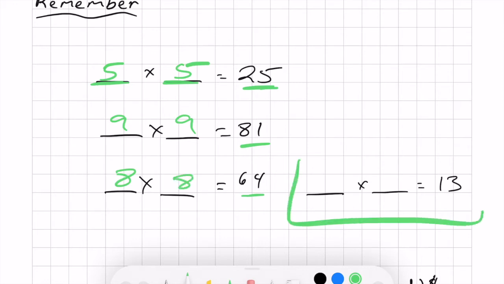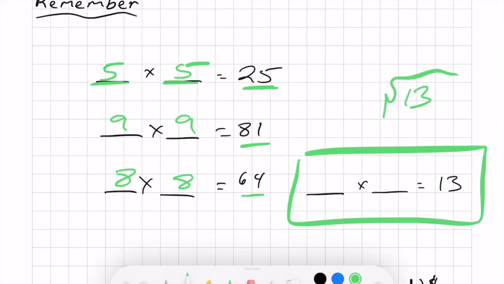But what if I'm trying to find the square root of 13? If I want to find what squared equals 13, I know this is not going to be a whole number like 8 is. It is going to have a decimal.